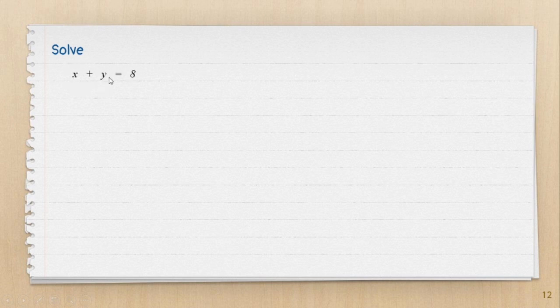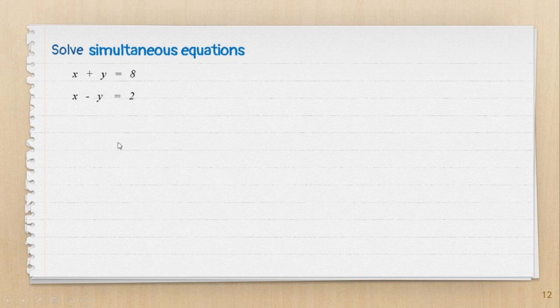When we want to solve this type of equation, definitely there should be another equation like this. So here we have two equations, that means a pair of equations containing the same unknown terms. This pair of equations we call simultaneous equations.